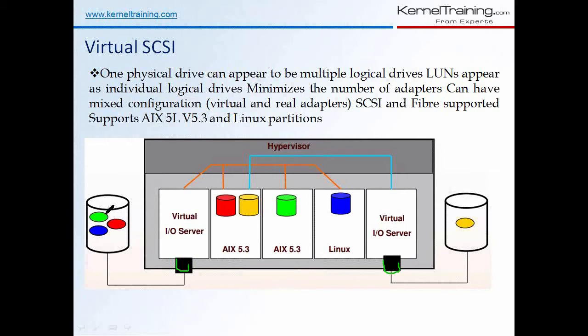I will take space from the SAN and assign it to my virtual server. Since these are virtual SCSI cards, from the VIO server I can map the LUN to my respective endpoints. That LUN will appear as a disk in my endpoint.